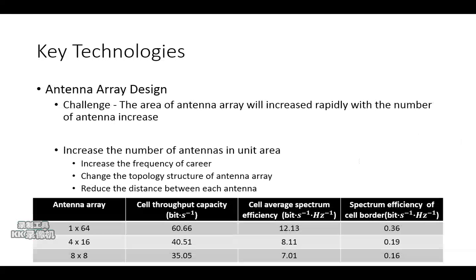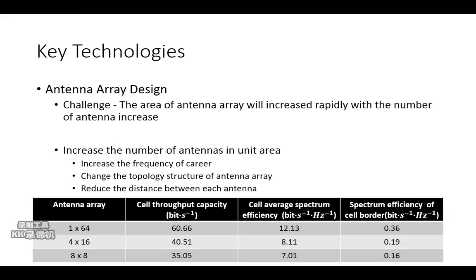The other technology is the antenna array design. In a massive antenna array system, the area of the antenna array will increase rapidly as the number of antennas increases. We have more antennas, then we need more space. It's a challenge for the siting of the base station and the antenna array installation.